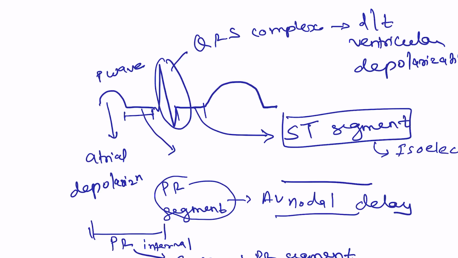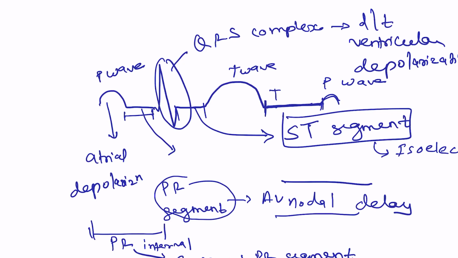When I say isoelectric, ECG is taken in such a way that the isoelectric segment is the TP segment. This is the T wave and this is the next P wave. So the TP segment is always going to be isoelectric.